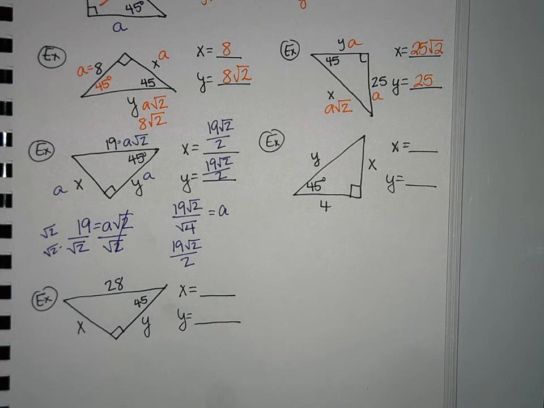Start by drawing them out and just labeling the pattern, a and a root 2.